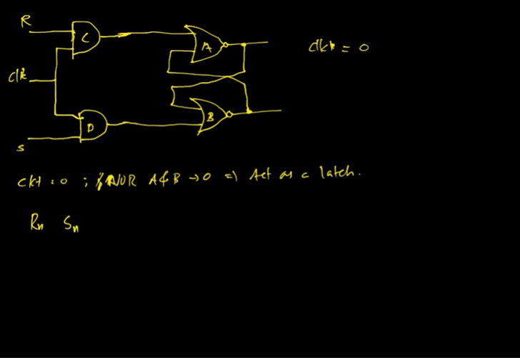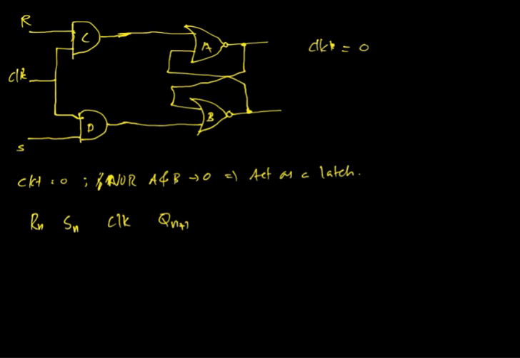Sn represents the S value at the nth instant of time, and the clock pulse is also there, and we are considering the output at n plus 1 instant of time. So usually a clocked RS flip-flop will serve as a circuit with 3 inputs, Rn, Sn and clock.